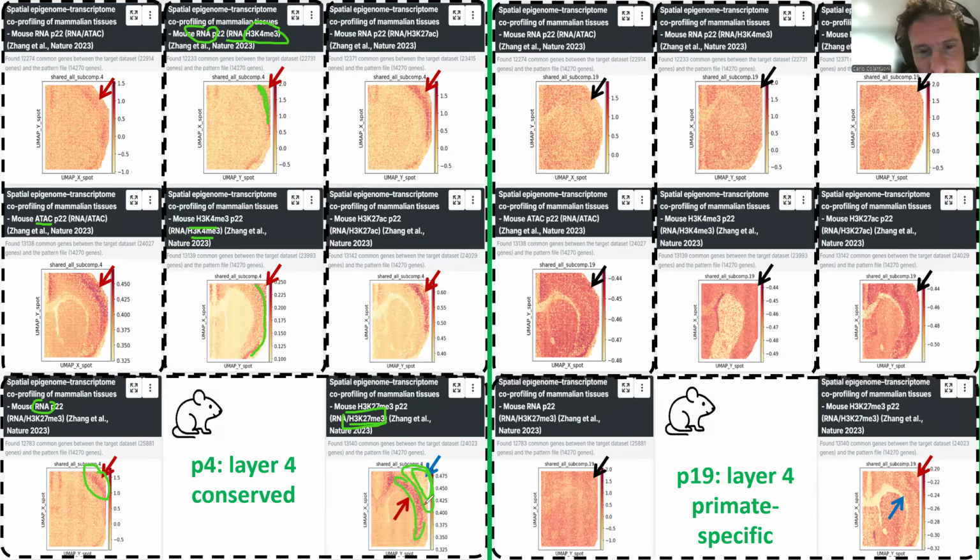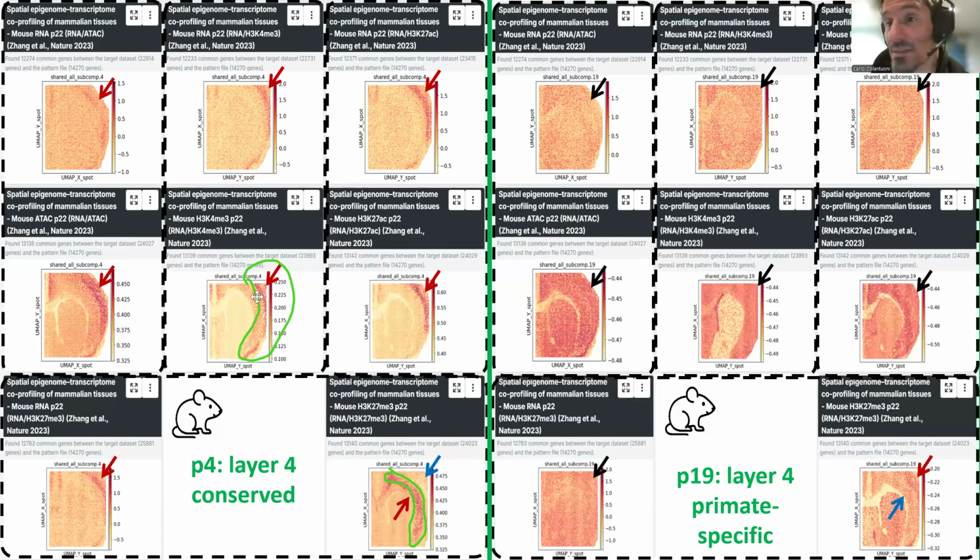In the lower layers of the cortex, this conserved layer 4 signature is actually repressed via the H3K27 trimethyl signature. So it's up in layer 4, it's down in the deep layers, the histone controlling marks.